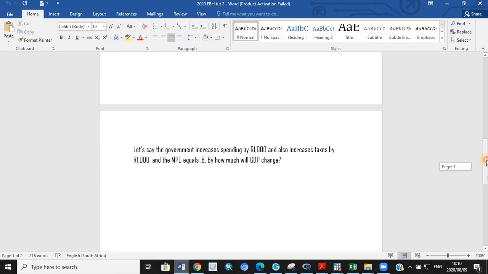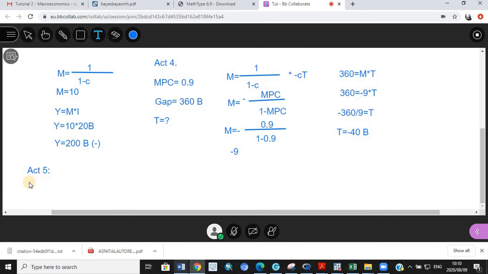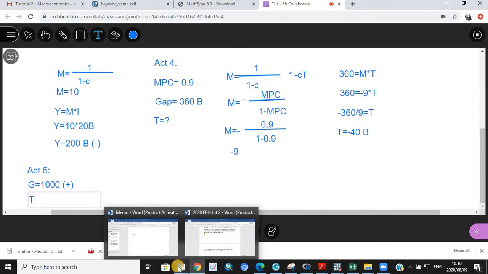This is a very good question. In other words, there is a mixing of policies here, where government spending increases by 1,000. I will just do this to show that it's an increase.